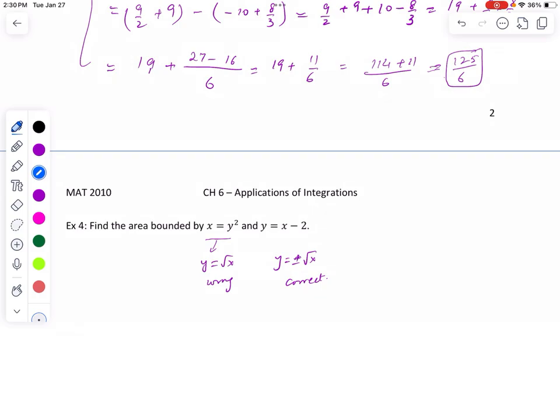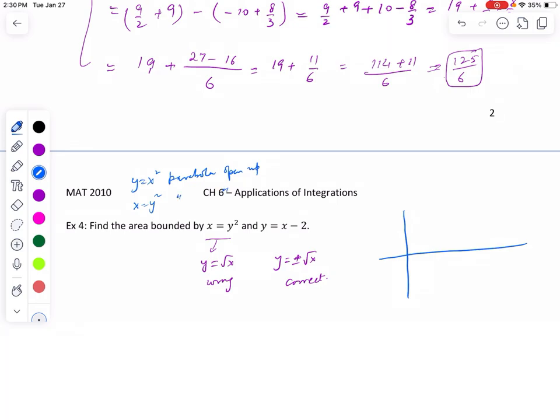So what is x is equal to y squared? You can think of it in two ways. Remember, y is equal to x squared is a parabola opening up. So x is equal to y squared will be a parabola that opens right.